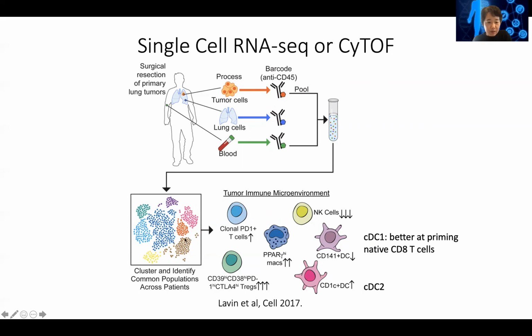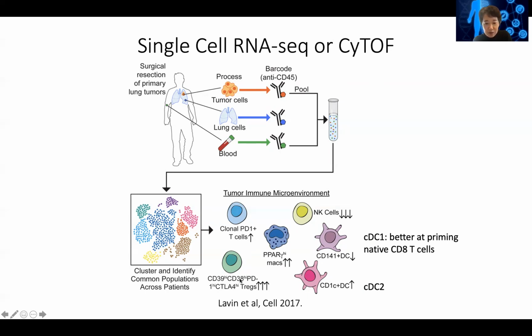And then they do the single cell profiling. And then when they look at the changes in normal lung tissues versus lung cancer cells, they can see the microenvironment really changing. For example, they see that there are clonally expanded PD-1 positive T cells, meaning that they can see the T cells becoming a little bit exhausted.